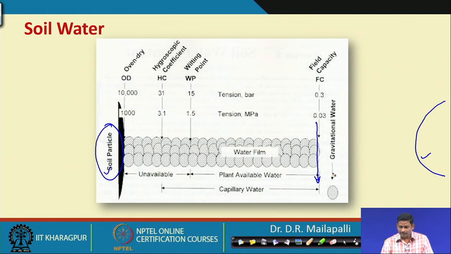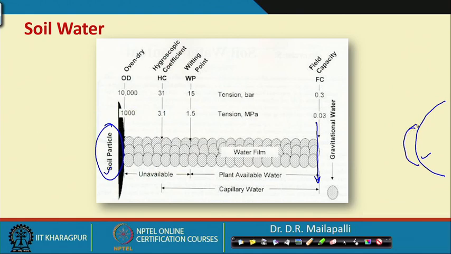Generally, near the soil particles the water is held tightly. Here also the water is held very tightly. Whereas at the center the water is held very loosely, with less tension.